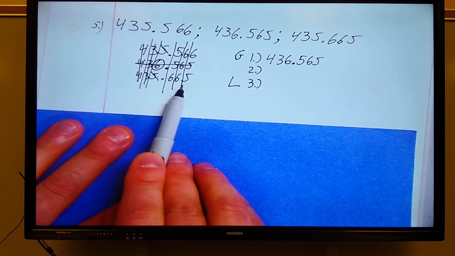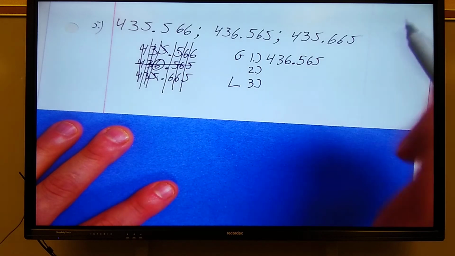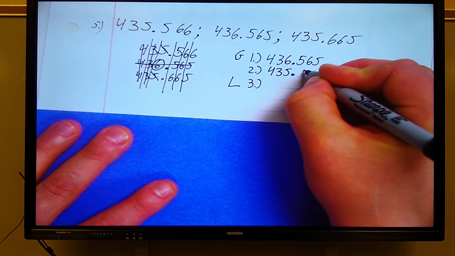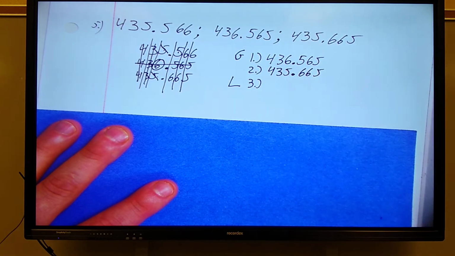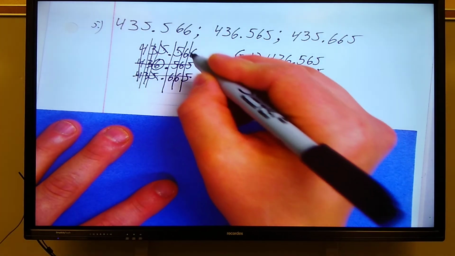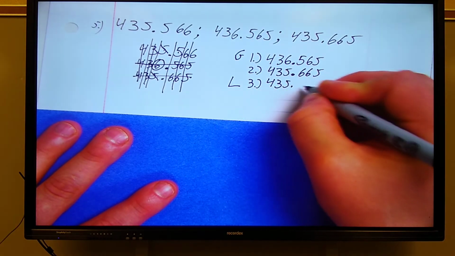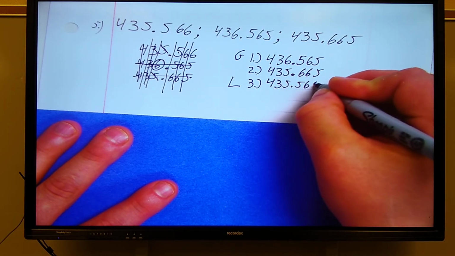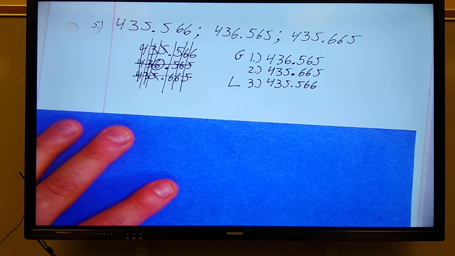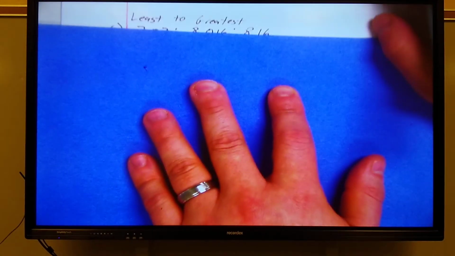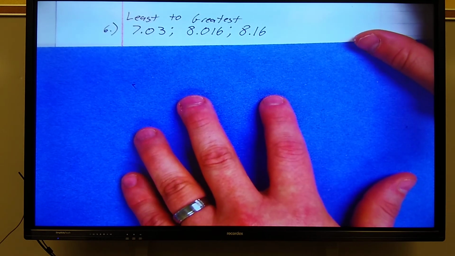That means this bottom number will go in the middle. 435 and 665,000. And then my final number will go on the bottom. 435 and 566,000. Easy, easy, easy.